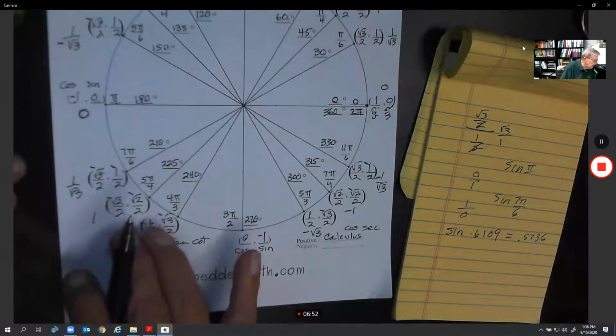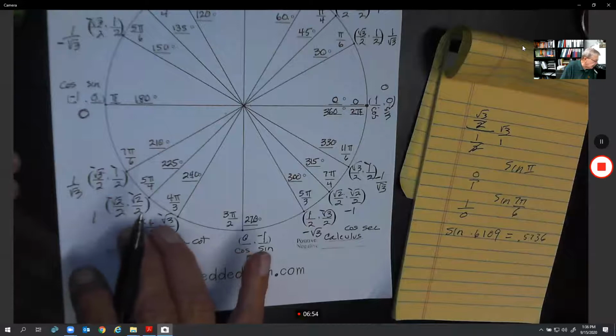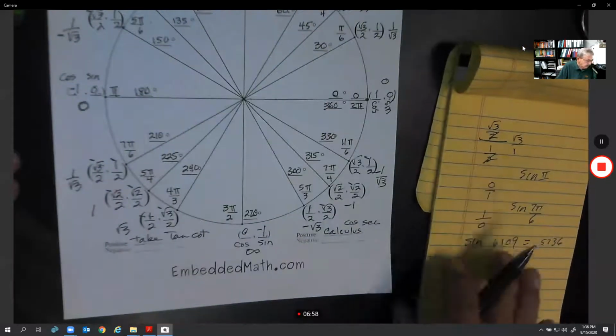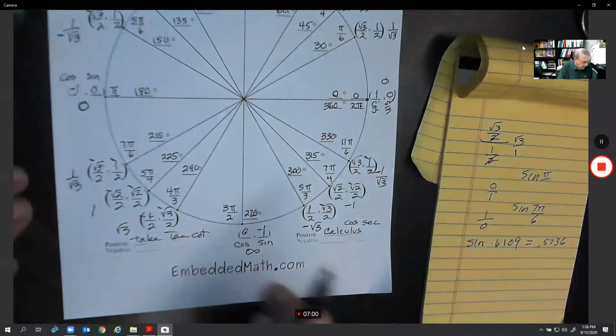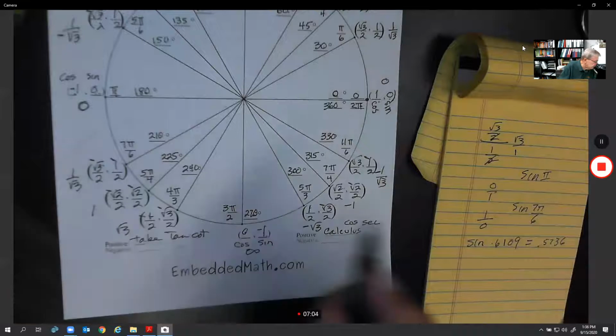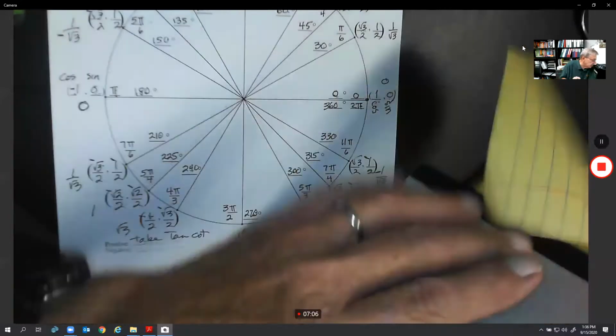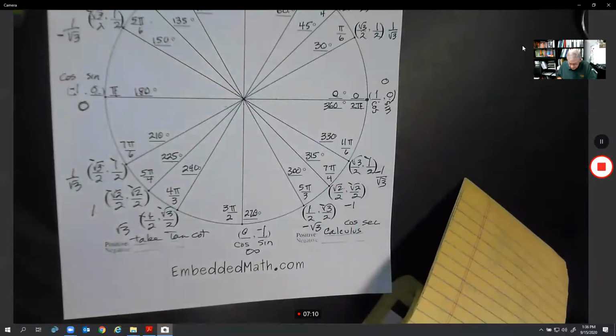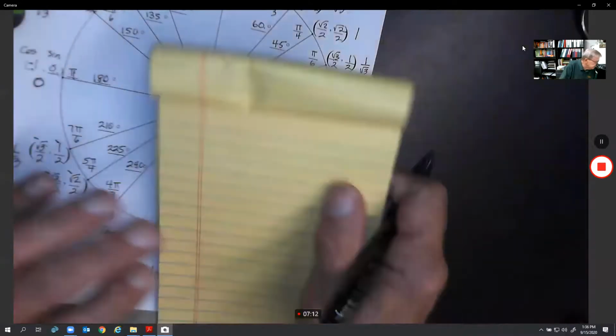It says find the exact value of S. Okay. They gave you this pi over 2 and pi. Let's see what they're talking about. This is number 61. They have something written like this.